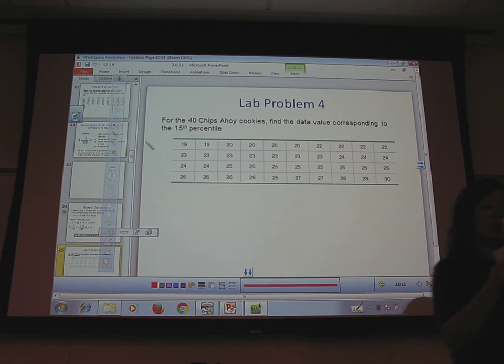Second page, kind of halfway down. Problem 4. Nope, that's 3.2. 3.3.